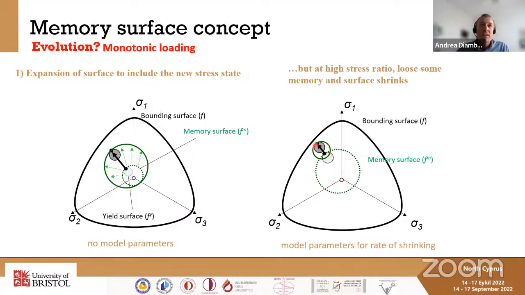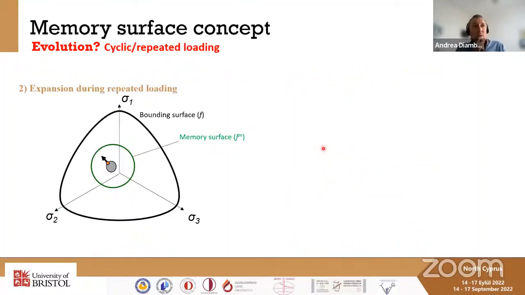You can now understand that this memory surface is somehow a measure of the fabric, where the size gives an idea of, let's say between brackets, the strength of the fabric, if we can call it strength, and its position gives an idea of the anisotropy of the fabric. So what happens now when instead we move inside the memory surface? When we move inside, every time we are somehow strengthening this chain probably.